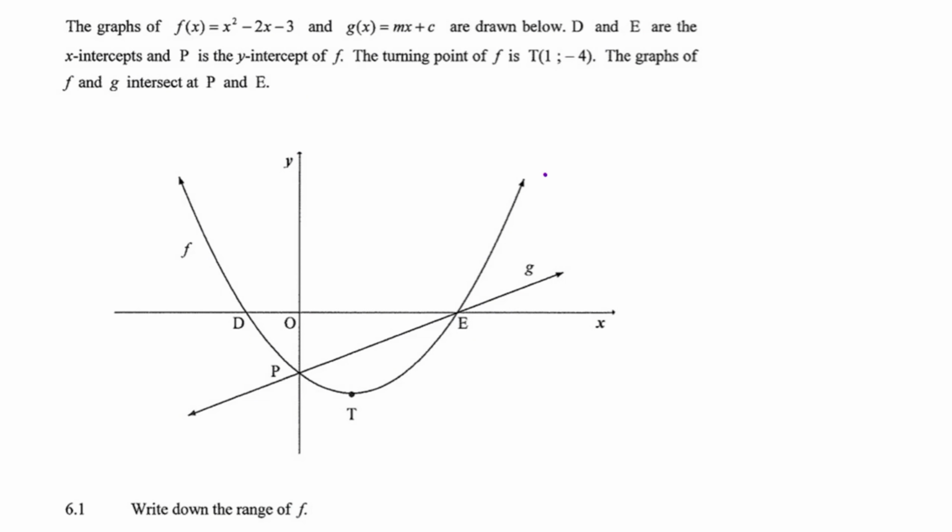So I know that f(x) is equal to x squared minus 2x minus 3. The equation of g(x) was given as mx plus c. We know that P and E are the intercepts and that the coordinates of T is (1, -4).